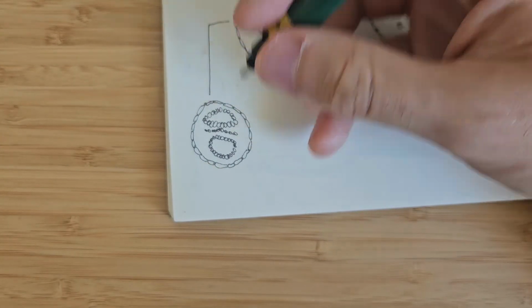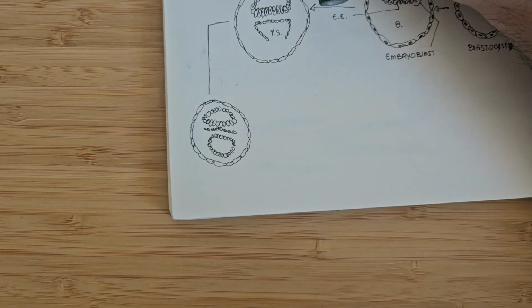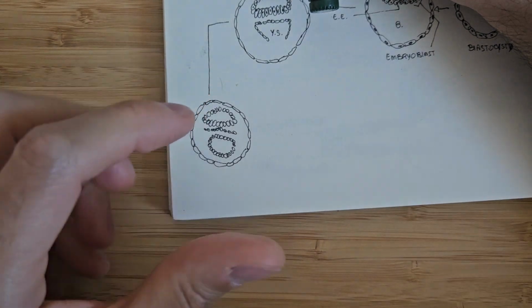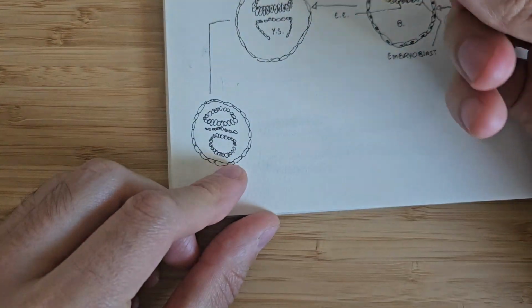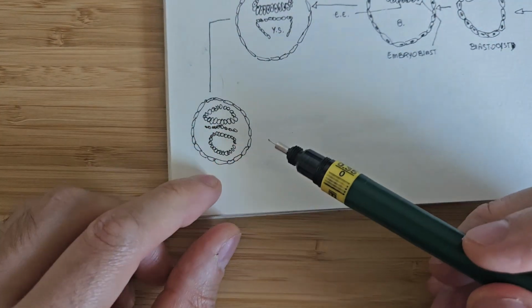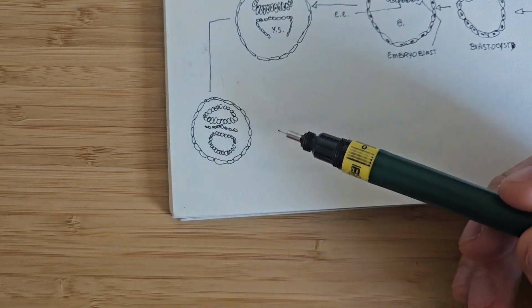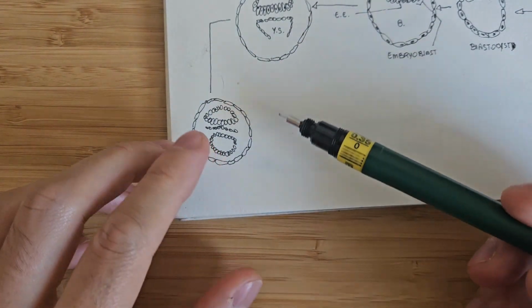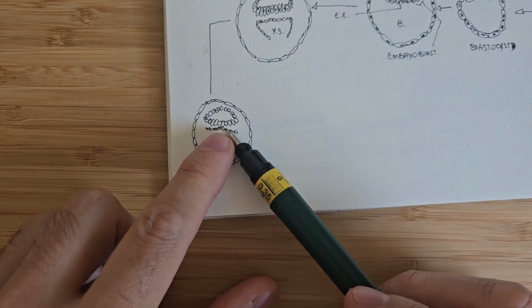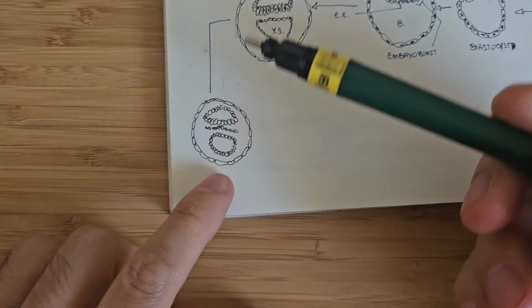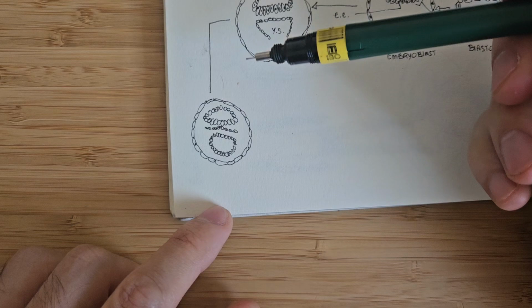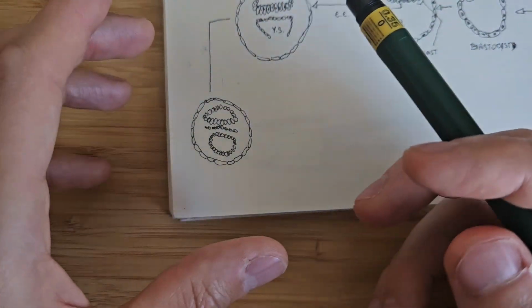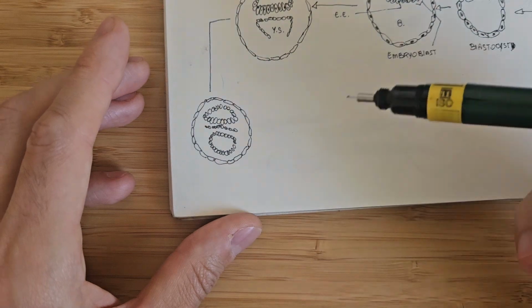Okay, so what you notice here is that 7 days later, the ectodermal cells will migrate along the primitive streak and between the layers of ectoderm and endoderm, and they will form a middle germ layer called the mesoderm.